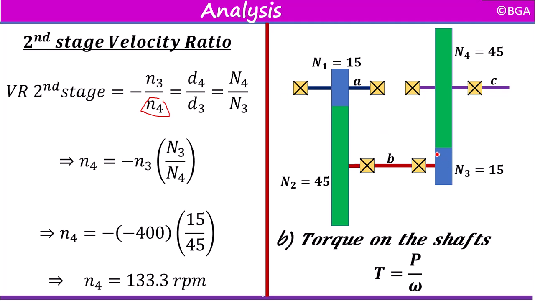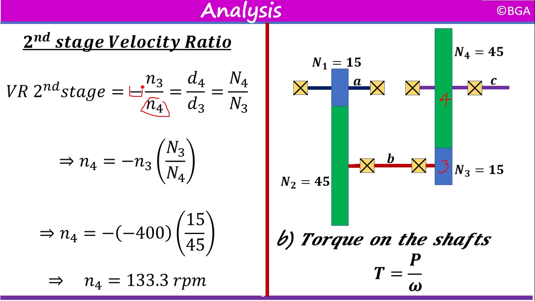In this case, gear 3 is the driver gear, and gear 4 is the driven gear. So the speed of the driver gear, N3, over the speed of the driven gear, N4, will give us the velocity ratio.